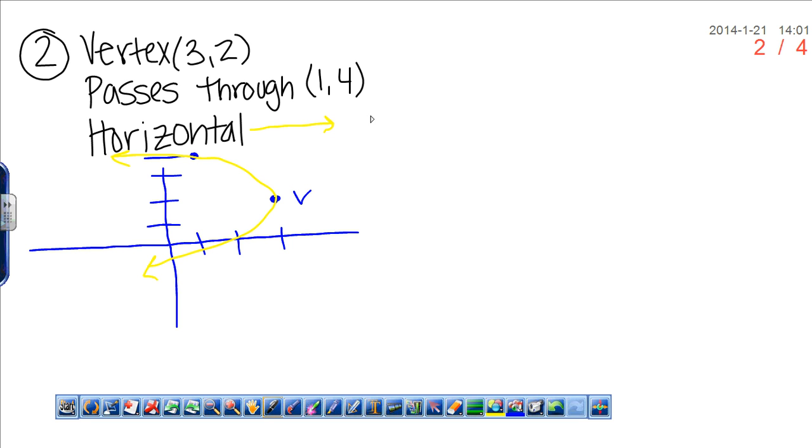Our goal equation is y minus k squared equals 4p times x minus h. We know our vertex. We know that our vertex is h, k. But we don't know what p is yet.